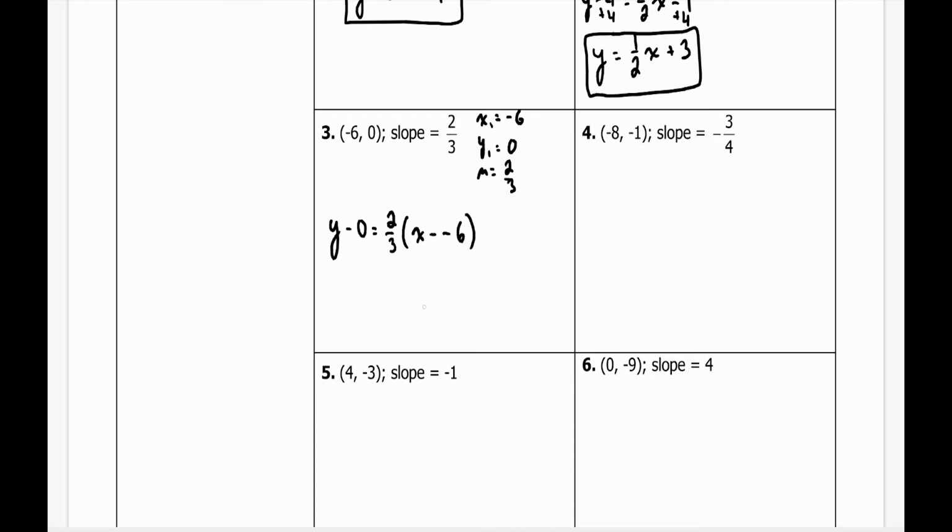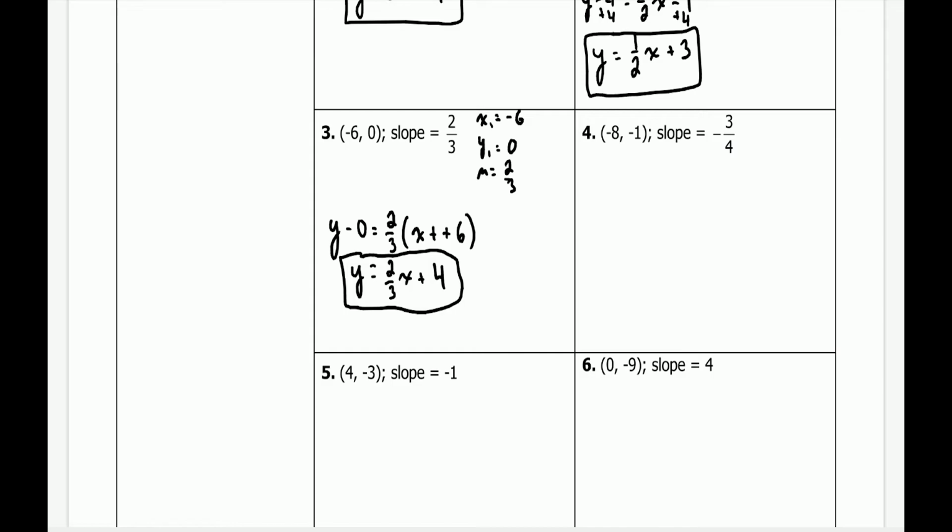Since we're subtracting a negative, we change that to positive. We have to distribute the 2/3. 2/3 multiplied by 6, 6 times 2 is 12, 12 divided by 3 is 4. And y minus 0 is just y. So with this one, we don't really have to do anything other than distribute the 2/3. And we have our slope-intercept form.